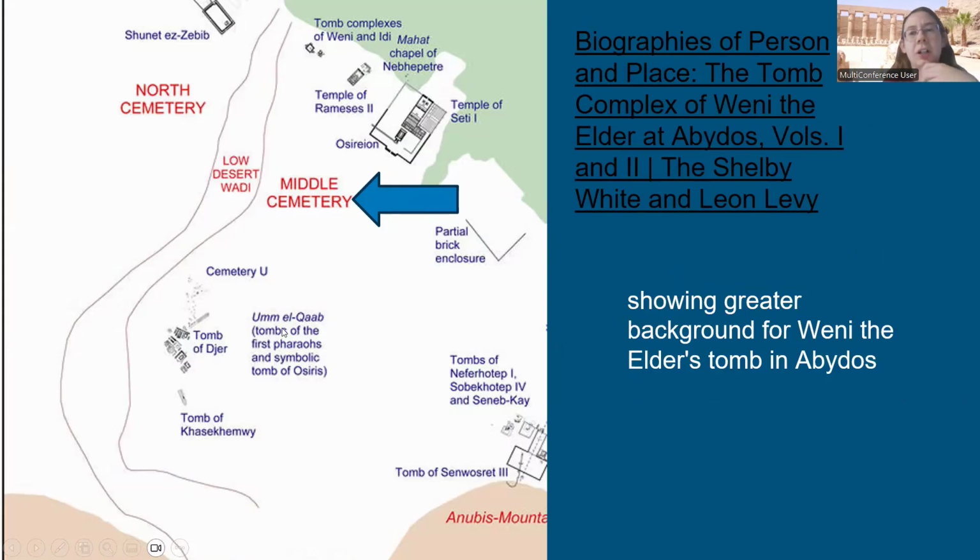And for a long time, parts of Weni's tomb were known and found, but because that autobiography was originally found in the 19th century, the location of Weni's actual tomb was lost. The original 19th century Egyptologist who found the autobiography dismantled those wall sections with the autobiography on them, and then the location of the tomb itself was lost.